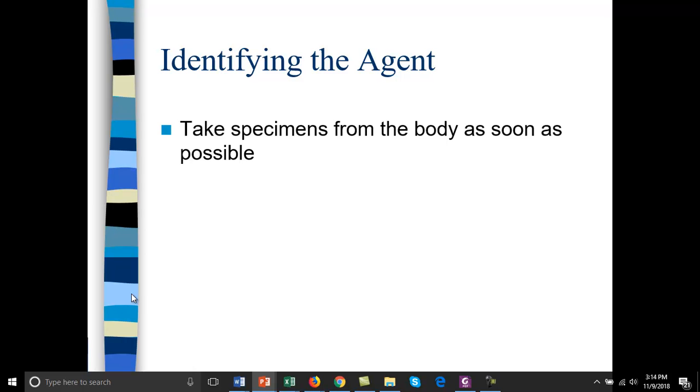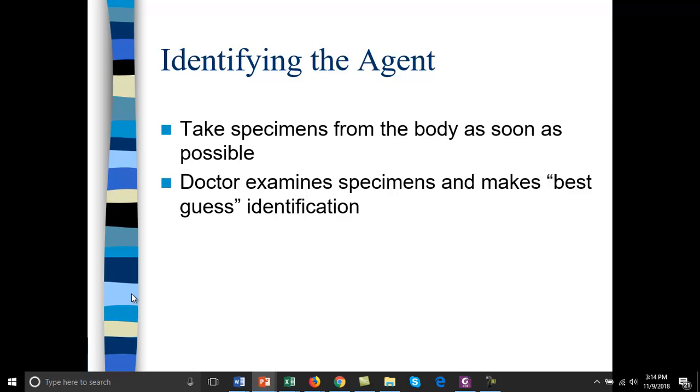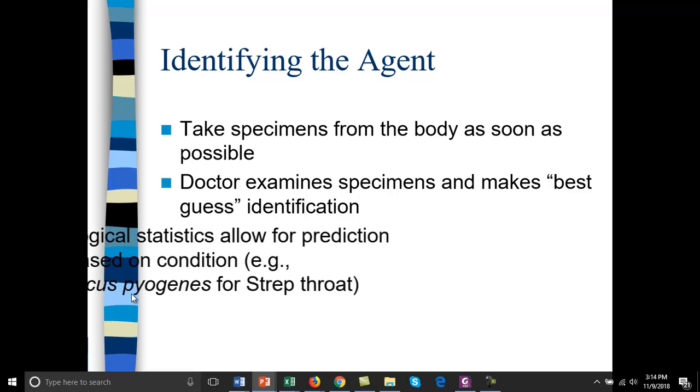Many times they'll take a specimen from the body as soon as possible, so they'll do like a throat culture, they'll do a rapid strep strip. And they examine the specimen, and they usually make their best guess determination, and usually this is pretty good. You don't want to spend a lot of time and money identifying a normal infection that you're seeing frequently in your practice.